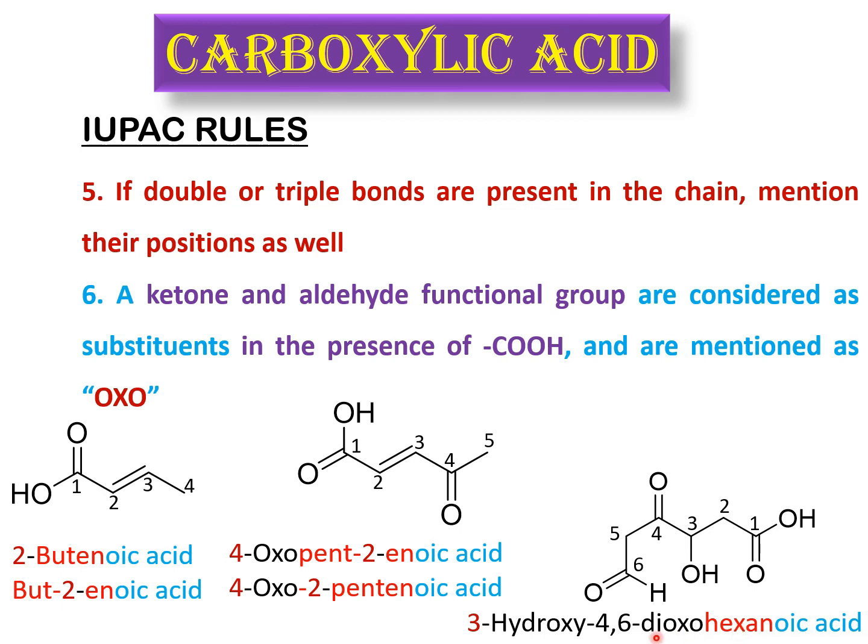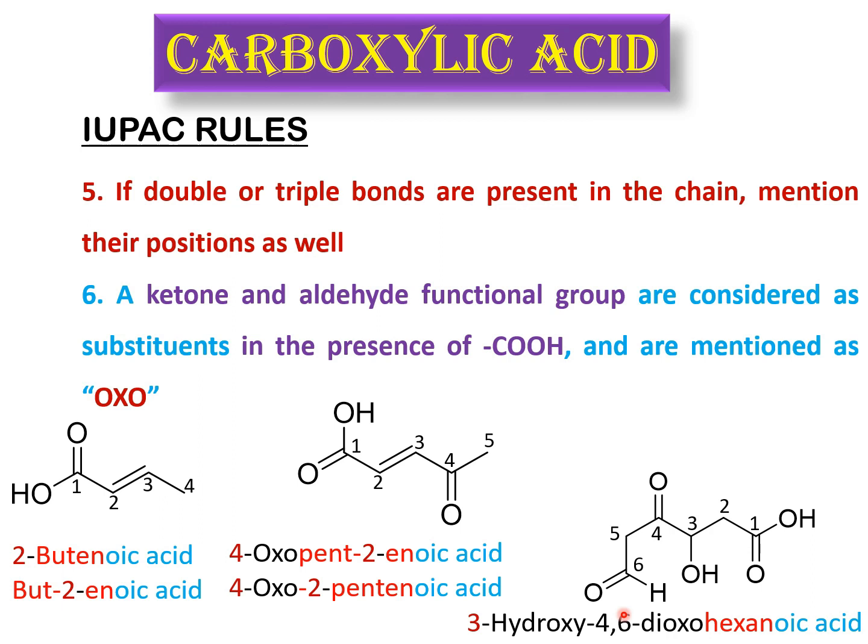Now a question arises: if we name both aldehydes and ketones as oxo, when they are considered as substituents in presence of carboxylic acid, and you are given this name and asked to draw a structure for this IUPAC name, how would you know that this dioxo is for 2 ketones or it is for a ketone and an aldehyde?